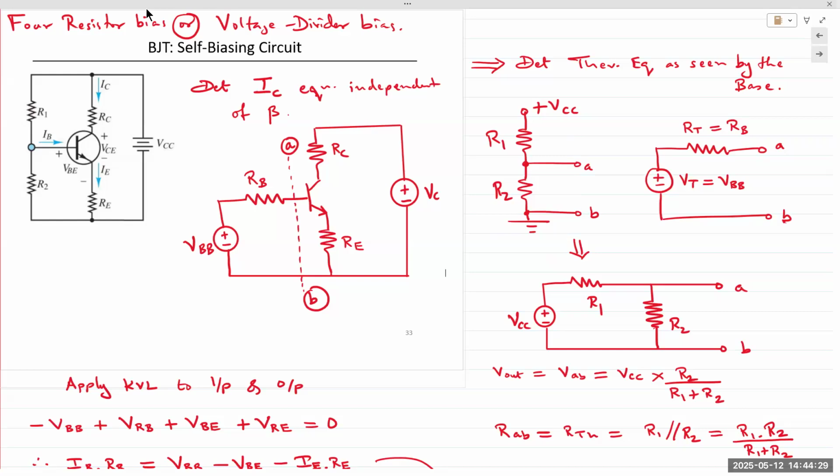The current through those resistors is the same, but the voltage gets divided according to a fraction depending on the ratio of these resistors, right? So we have a voltage divider network, R1 and R2. Obviously, when it's part of the circuit, there's a third terminal in there, so we would say that it's not technically in series, right? But when we analyze the circuit, the effect is the same.